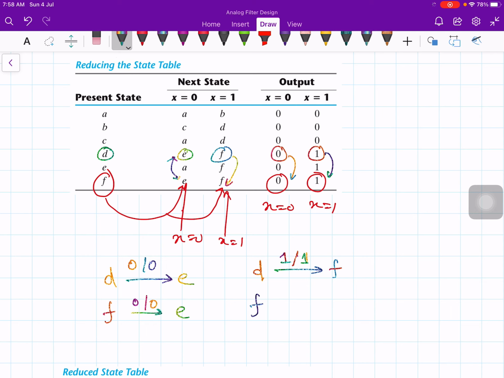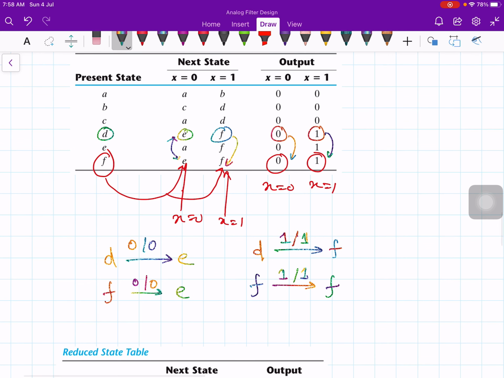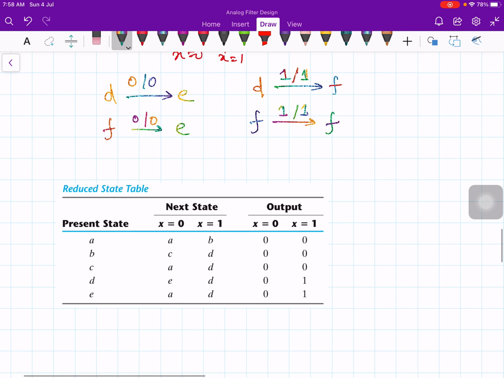The present state is F, apply 1 and output is 1, and it goes again to F state. So therefore D and F are identical. So you can replace F by D. Okay, so state F can be removed and replaced by D. Therefore the final state table is like this.